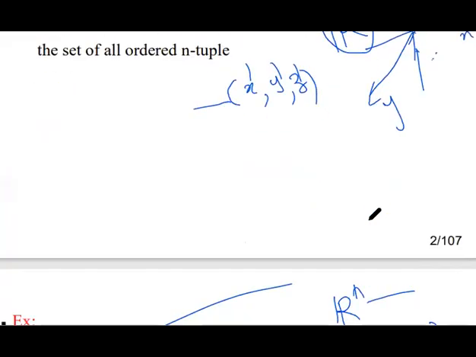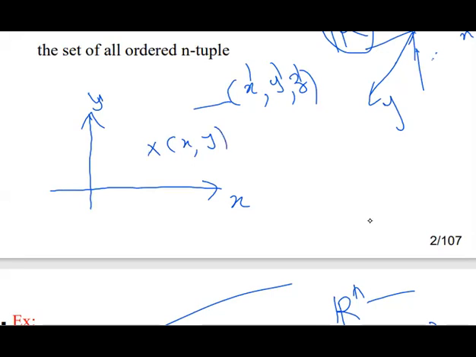When it comes to 2 dimensions and 3 dimensions, you are all familiar. Let's consider a point, an element. (x, y) is an element of R squared.